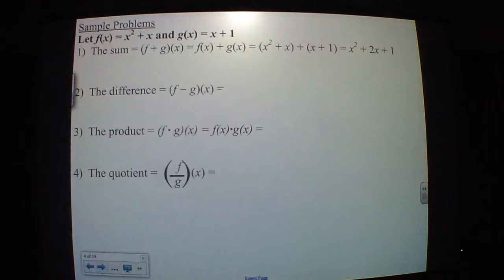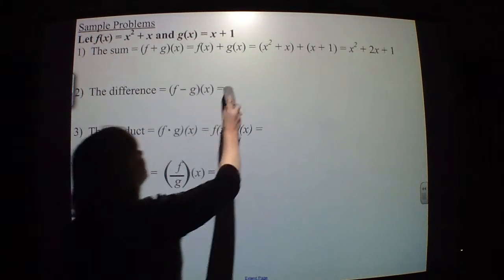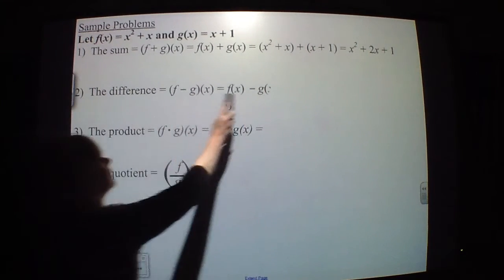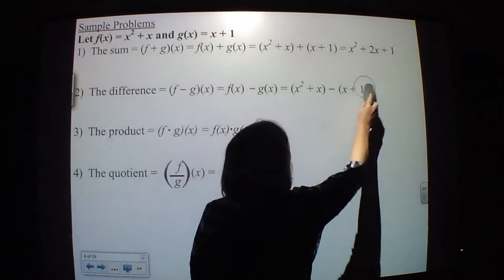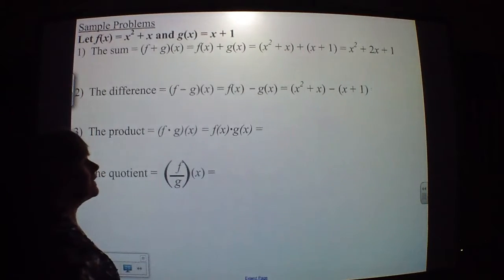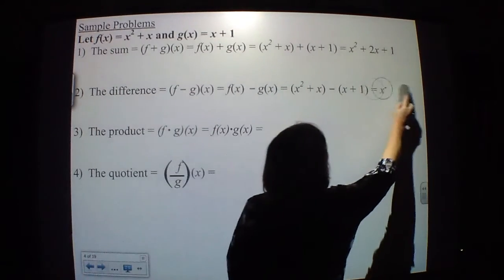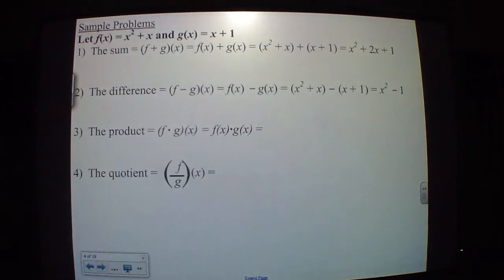The difference, f minus g of x, is f of x minus g of x. So I have x squared plus x minus the quantity x plus 1. Don't forget to distribute the negative, and then you end up with x squared minus 1. F times g of x is f of x times g of x.